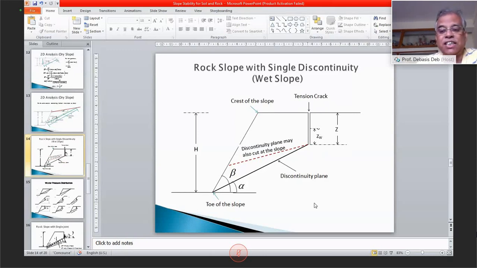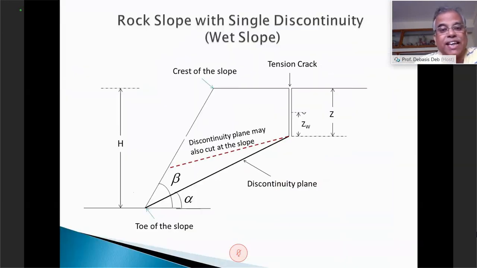So tension crack is a reality in any slope. If you want to avoid it, we have to do some kind of artificial supporting. Otherwise, tension crack will form.